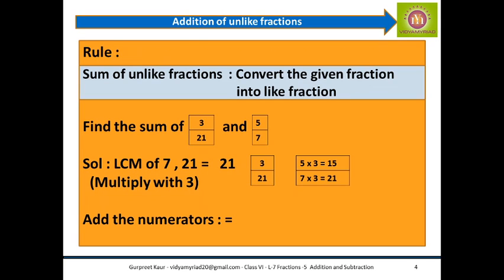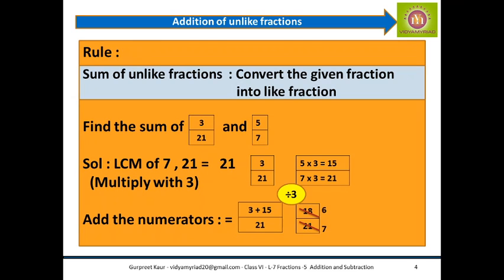So now the two fractions are 3 upon 21 and 15 upon 21. Now denominator is same. So I will simply add the numerator 3 plus 15, which is equal to 18 upon 21. Now here 18 and 21 both can be reduced. Think of the table where it will come. Both can be divided by 3.